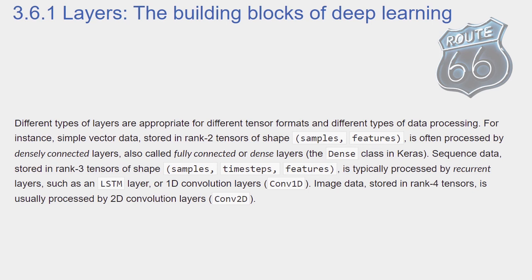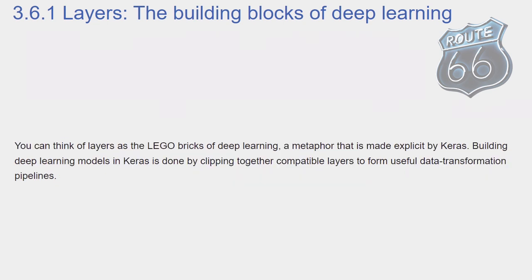Sequence data stored in rank 3 tensors of shape (samples, time steps, features) is typically processed by recurrent layers such as an LSTM layer, or 1D convolution layers, Conv1D. Image data stored in rank 4 tensors is usually processed by 2D convolution layers, Conv2D.